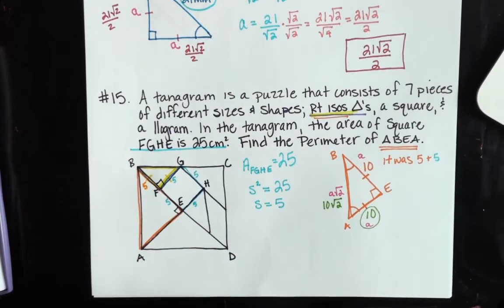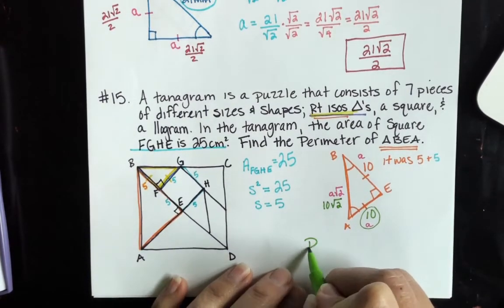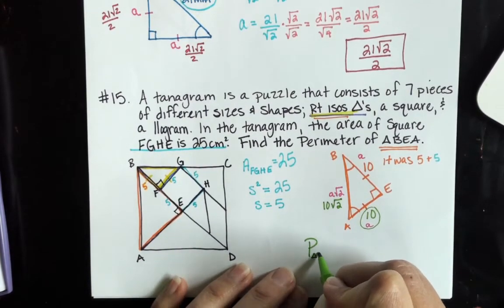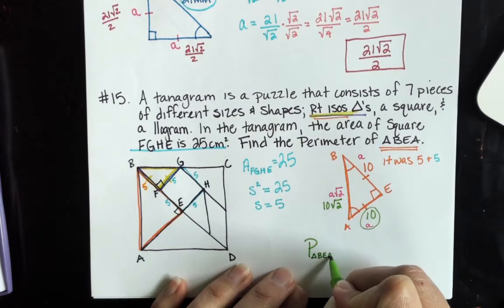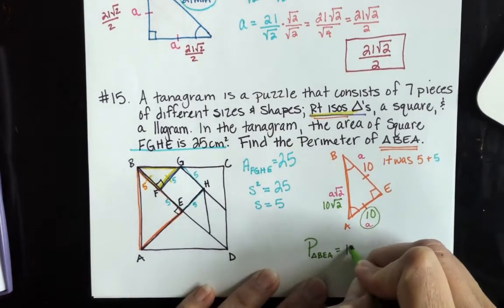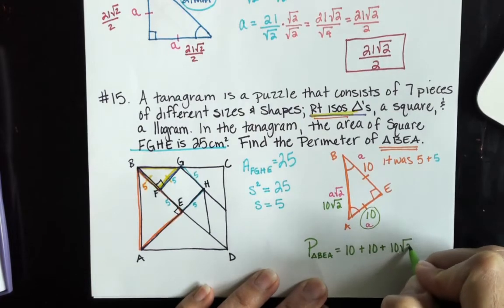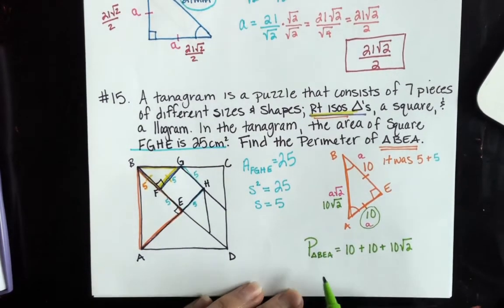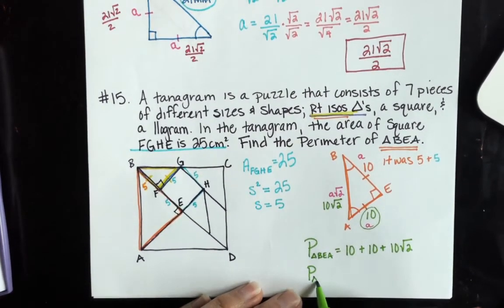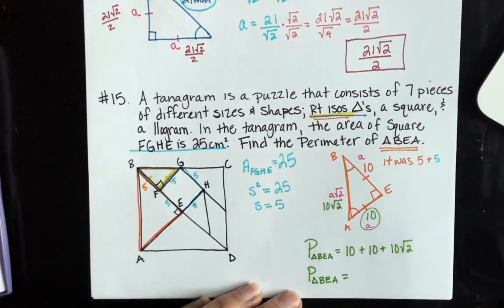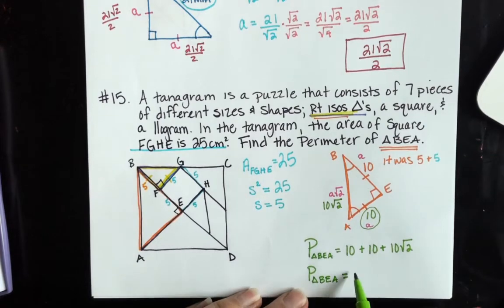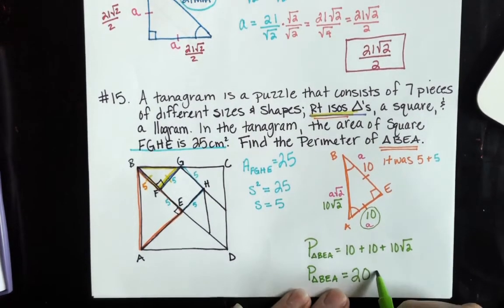So if I want the perimeter of triangle BEA, we're going to add up 10 plus 10 plus 10 radical 2. Now we want an exact answer because it doesn't say round, so make sure you recognize that when you plug this into your Knowre assignment, you need the exact value.